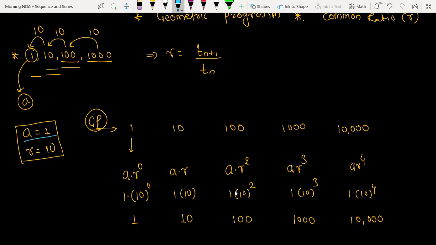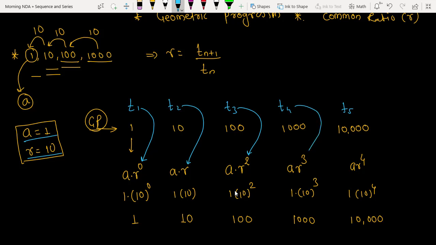If A is the first term and R is 10, this becomes T1, T2, T3, T4 and T5. For the first term R power is 0, second term R power 1, third term R power 2, fourth term R power 3, fifth term R power 4.